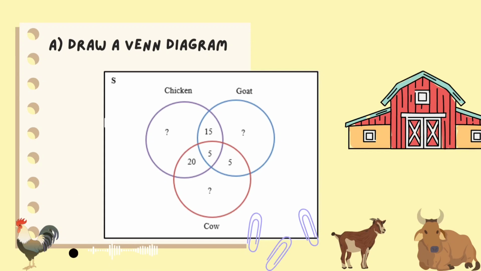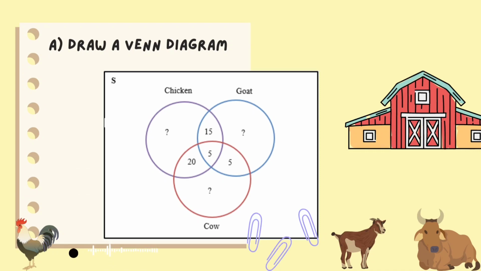The answer for the question to draw a Venn diagram: first make a square to indicate the universe, and make 3 overlapping circles. The purple color is the chicken circle, the blue color is the goat circle, and the red color is the cow circle. Then, write 5 in the center of the circles, indicating the households that have all 3 livestock.